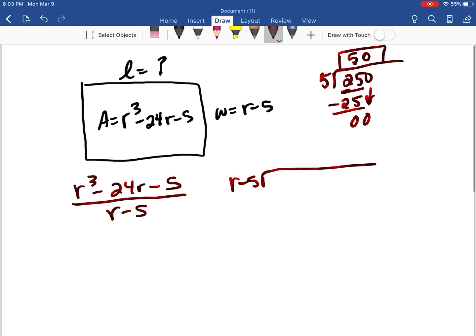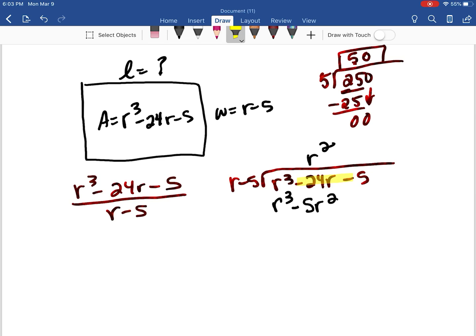When I take r minus 5 into r cubed minus 24r minus 5, in order to get r cubed, I multiply r by r squared. So r squared times r gives me r cubed. That's not a big deal. Then we also have to multiply r squared by negative 5, which gives me negative 5r squared.